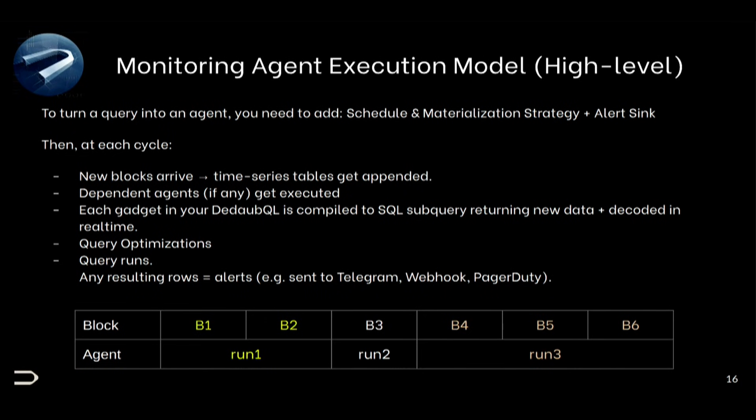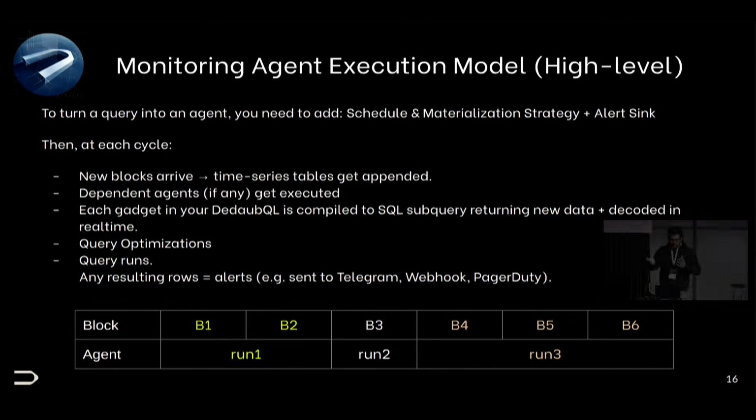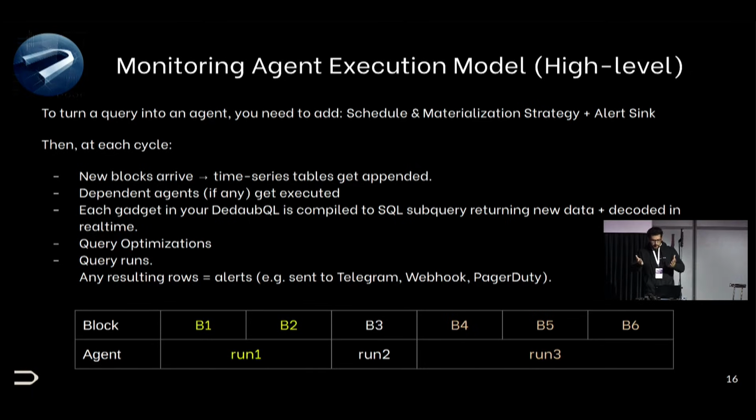And there's going to be really no delay between new blocks arriving to the node and being pushed to the database, because the node and the database are essentially on the same machine. Okay. Then if your agent has other dependent agents, those need to be executed first. And then each gadget that you have in your query needs to be expanded and compiled, with query optimizations, and then you run the query. And then any resulting rows are effectively alerts.